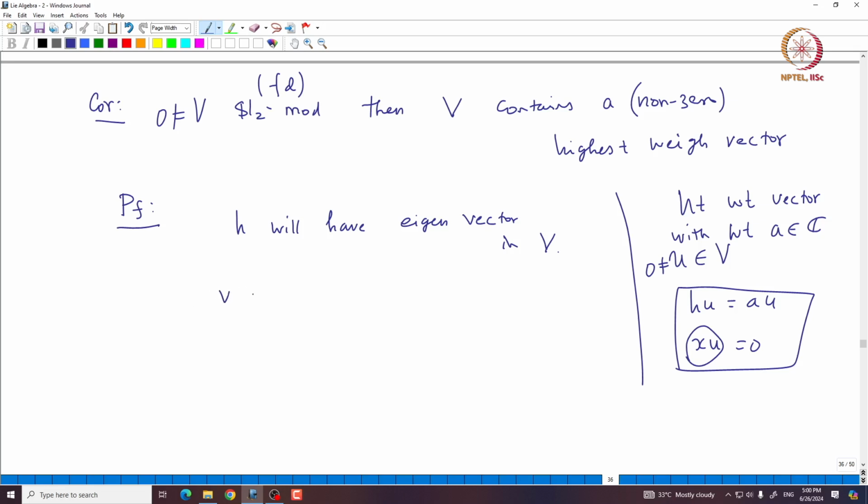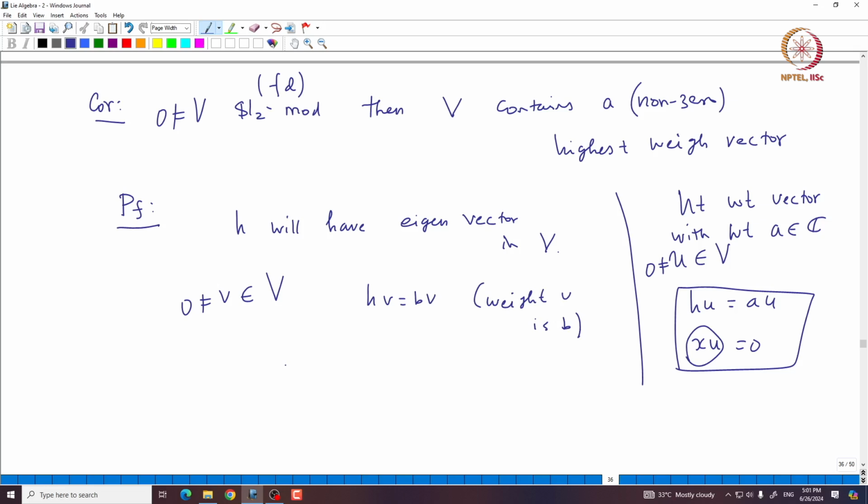Take that eigenvector to be v, inside capital V. Let us say the eigenvalue is b. This is the weight of v. So, the weight of v is b. b could be 0, we do not need to worry about it.